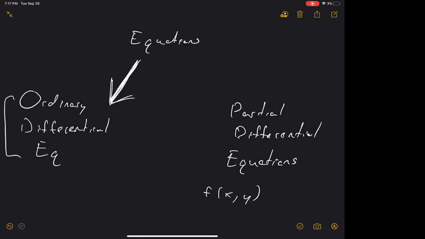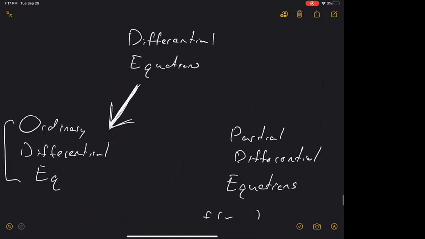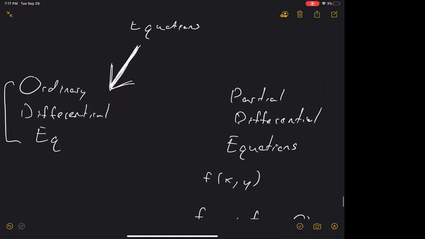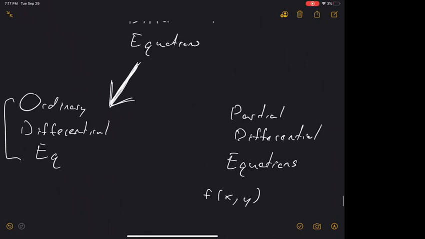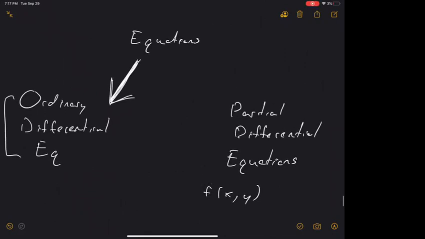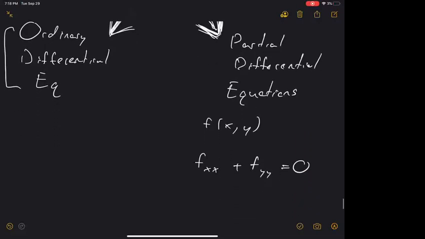So it's the simpler branch, not to say it's easy. I think it has a reputation of being somewhat easy, but that's only at the basic level. It gets incredibly complex the higher you go. But in general, you could say PDEs is a more difficult branch, though that's not doing justice to the term.